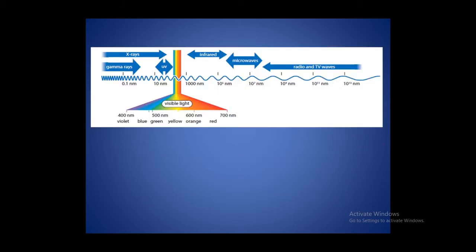Now, if you look at this particular picture here, this is basically the electromagnetic spectrum. And as you can see, this 400 nanometer to 700 nanometer is basically the visible light.